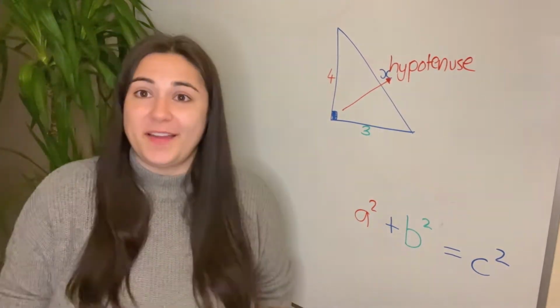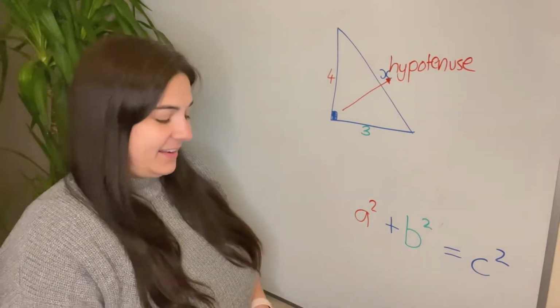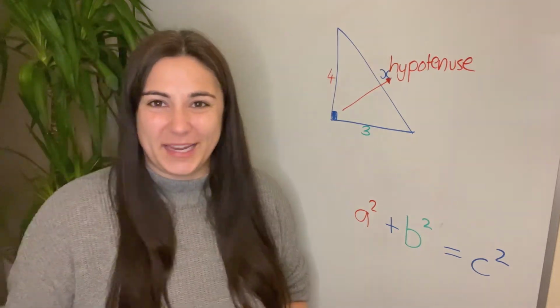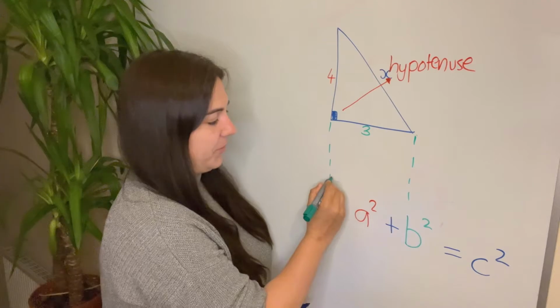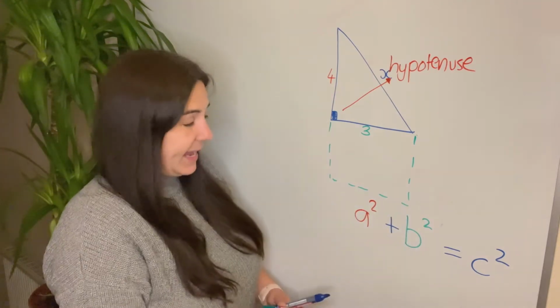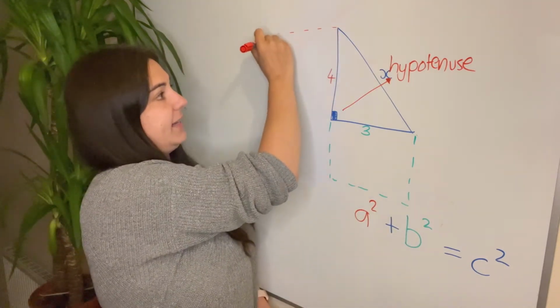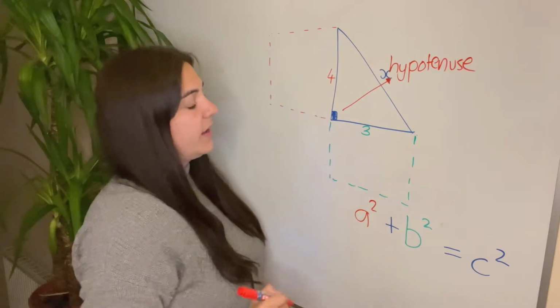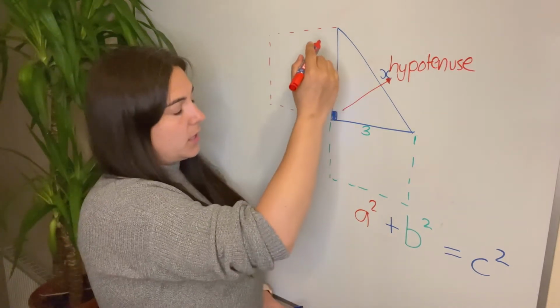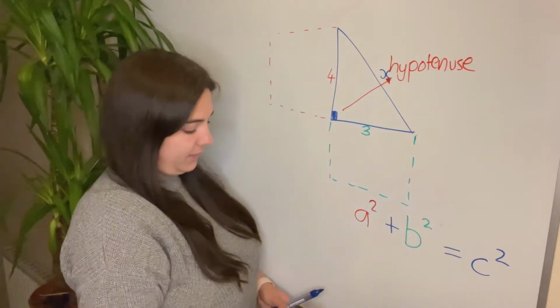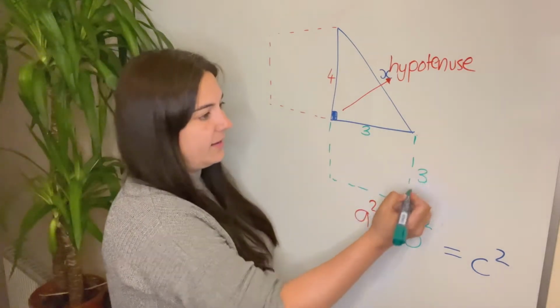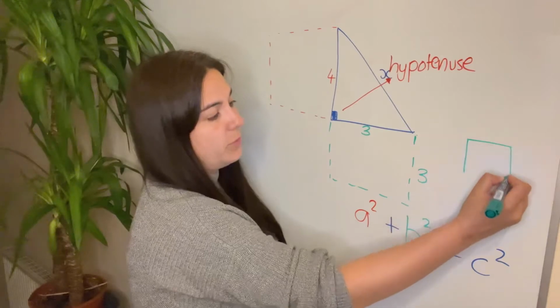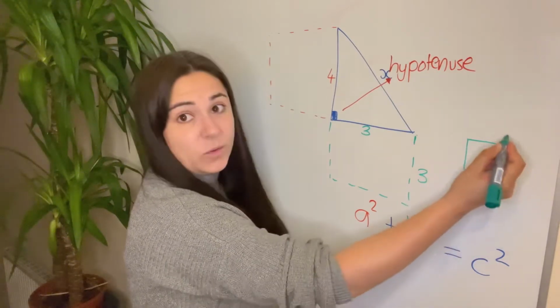Now, what Pythagoras discovered is that, well, it's debated as to whether or not he discovered it, but it's Pythagoras' theorem nonetheless. So what he discovered is that if you create squares on the sides of your triangle, so over here I've got a side length of 3, and if I created a square, the whole point of a square is that it's made up of equal sides.